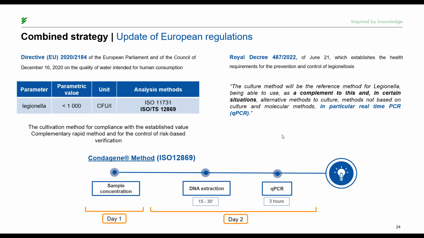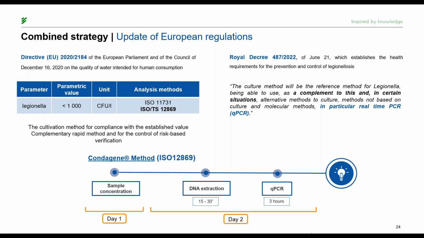And just to mention, at a national level, in Spain, the Royal Decree 487 from 2022 for the prevention and control of Legionellosis was recently updated, where the ISO 11731 culture method is also the reference method, but qPCR is mentioned again, in particular as a complementary method for the analysis of Legionella.